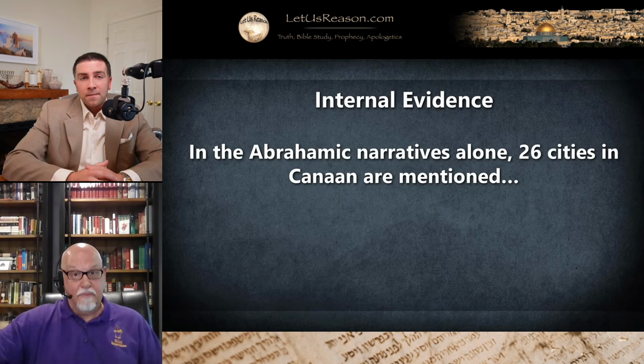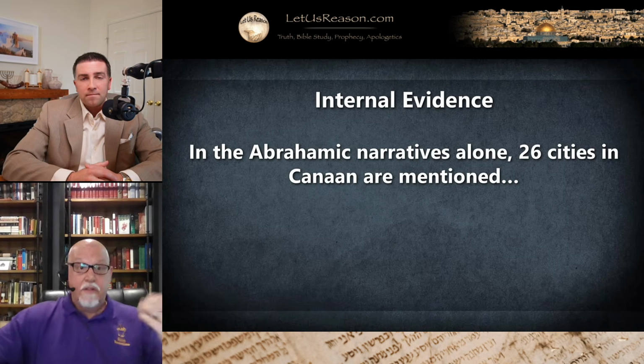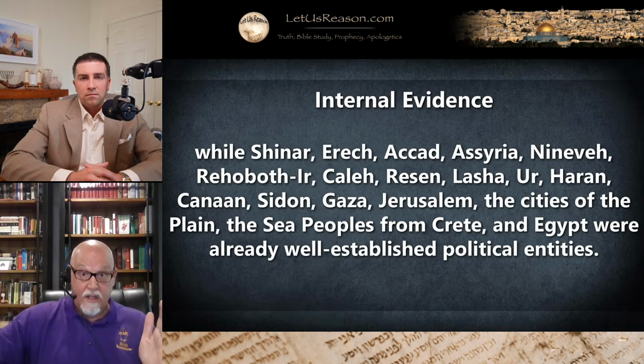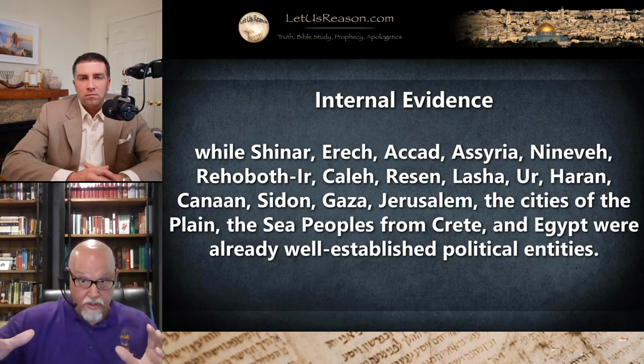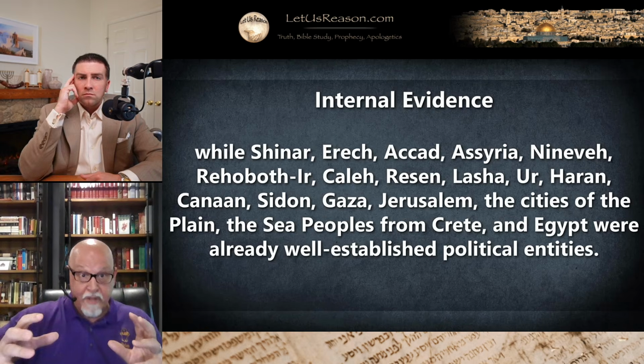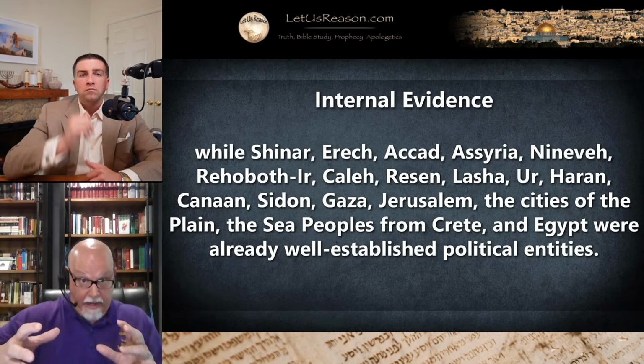Yep. So to that end, in the internal evidence alone, when we get to the Abrahamic narratives, there are 26 cities in Canaan that are mentioned. We have all of the civilizations and cities that you see up here on the screen that are already well-established political entities by the time you even get to the birth of Abraham.